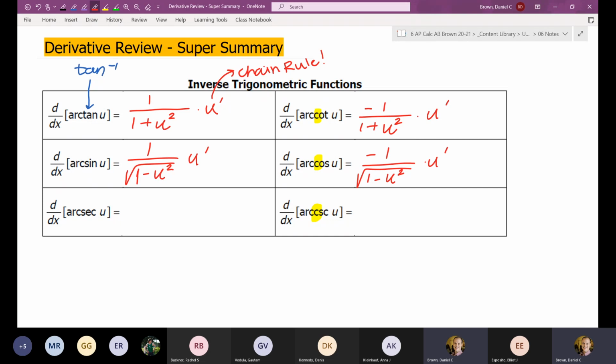They have square roots in them and absolute values in them. The derivative of arc secant looks like this: 1 over the absolute value of u times the square root of u squared minus 1, chain rule. While arc cosecant is the exact same thing, but negative.